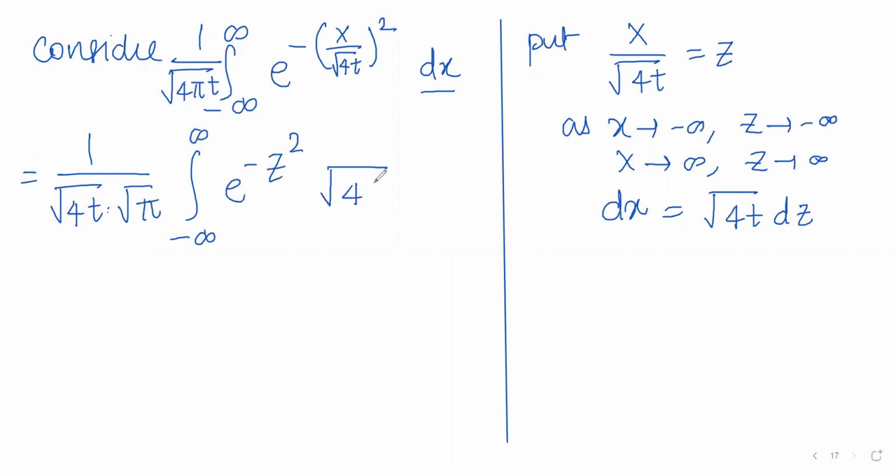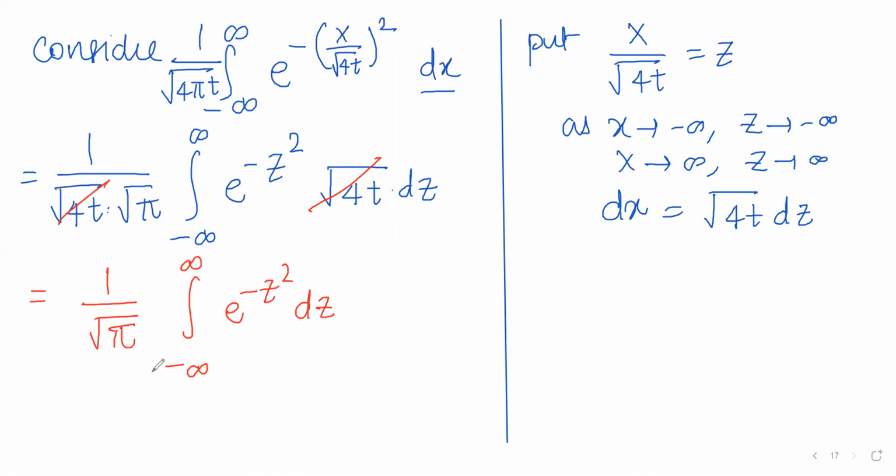It's simply under root 4t and then dz. And I got a nice facility of cancelling this term with this term, and this one will give me 1 upon root pi. Now integral minus infinity to infinity e power minus z square dz.